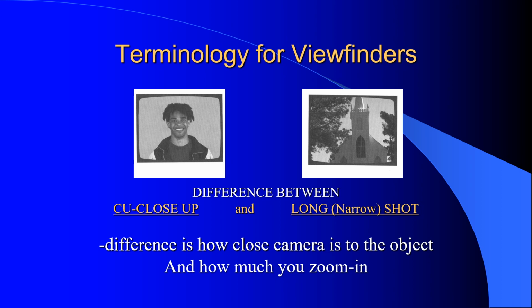On the other hand, a long shot means that the camera stays in one place and zooms in, so it looks as if the object is closer or larger, but in reality, the camera hasn't moved. It has only zoomed in and made the object look as if it has gotten closer to the camera.